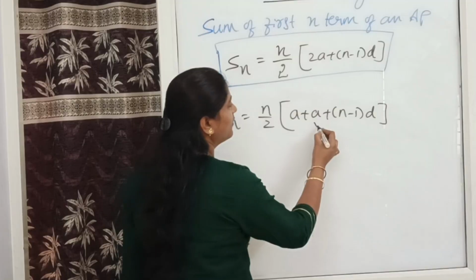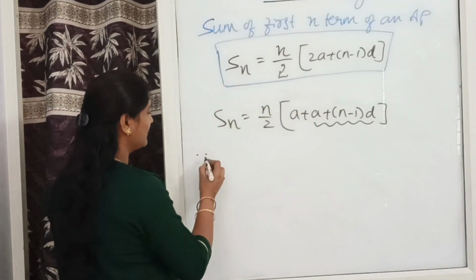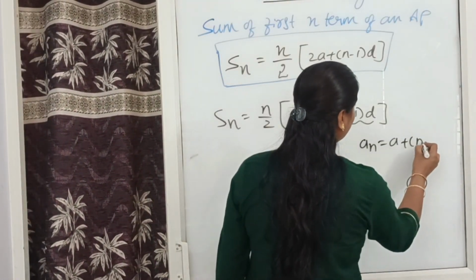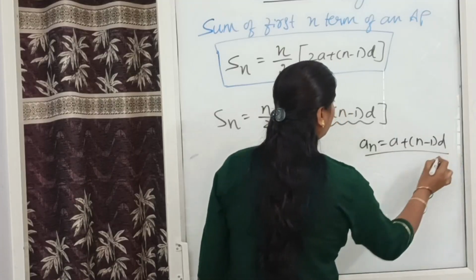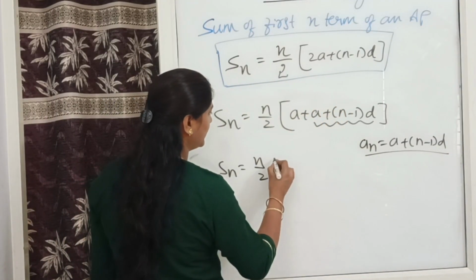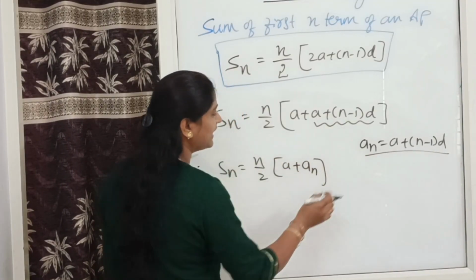And what is this a plus n minus 1 into d? It is nothing but an. Therefore, Sn is equal to n by 2 into a plus an.